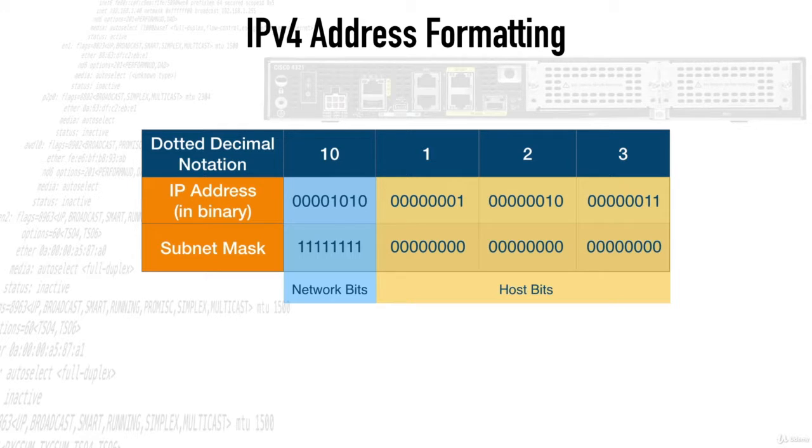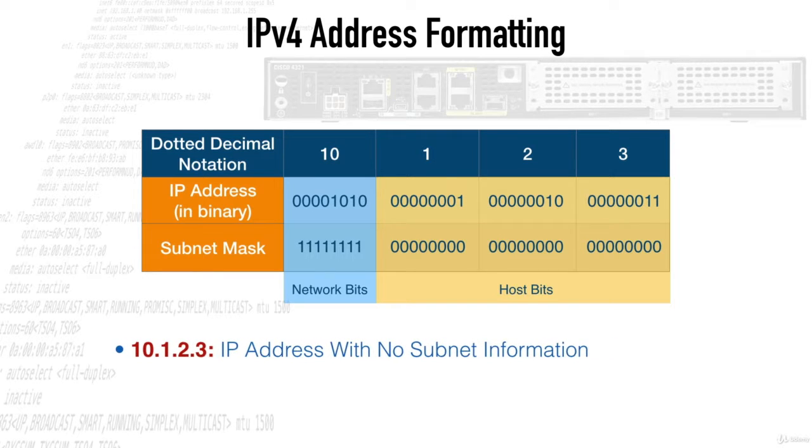That tells us where we draw the dividing line. So when we're writing out this IP address, if we just did what we did earlier and say it's 10.1.2.3, that's not a lot of information. That's the IP address, but there's no subnet information. We don't know on what network that IP address resides. That's going to be one of the keys in this course: given an IP address and the corresponding subnet mask, we're going to learn how to determine the network address of that IP.